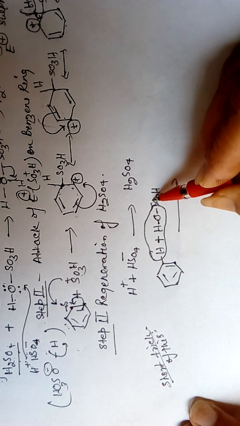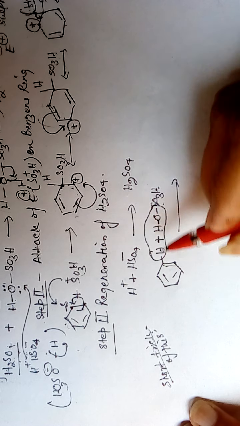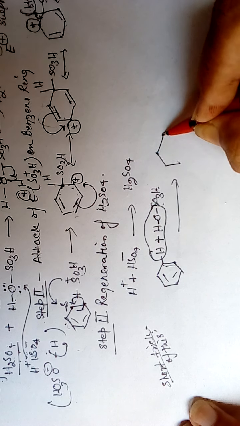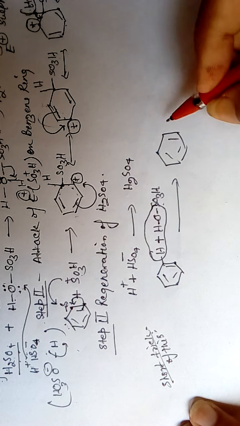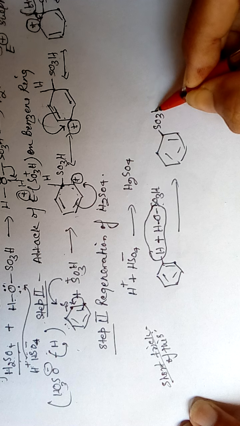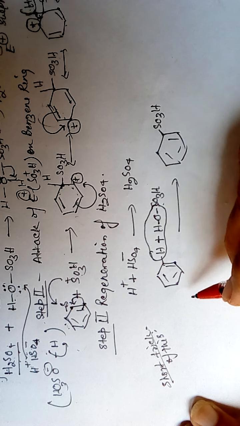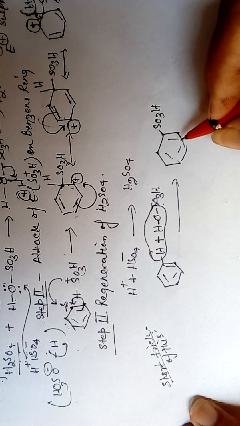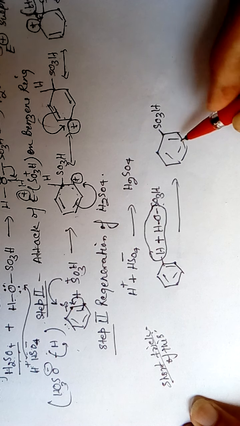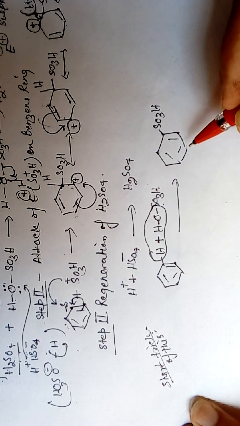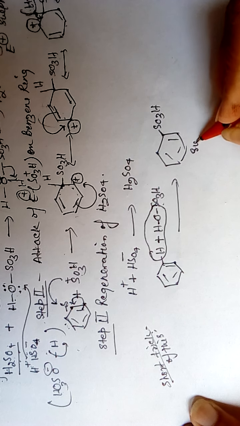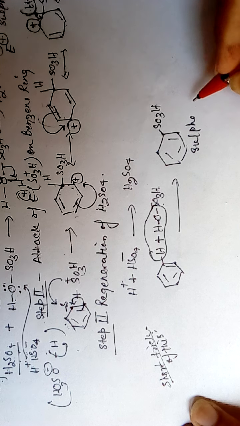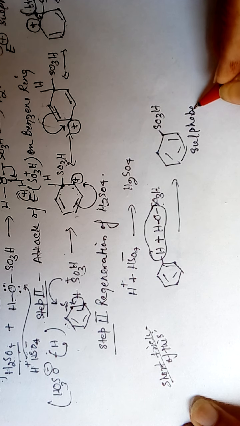Now SO3H attacks this benzene ring, and it forms SO3H benzene. This is the short trick for sulfonation of benzene. Here sulfobenzene or benzene sulfonic acid is formed. This is called sulfobenzene.